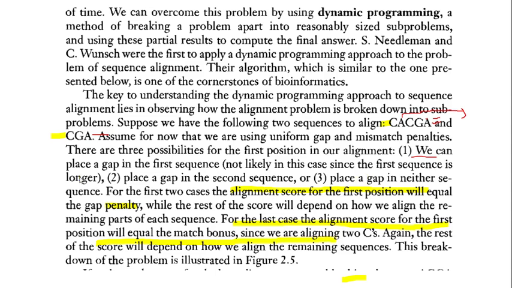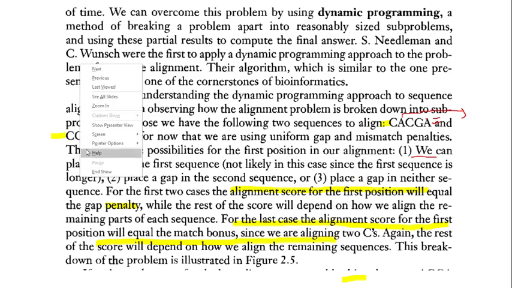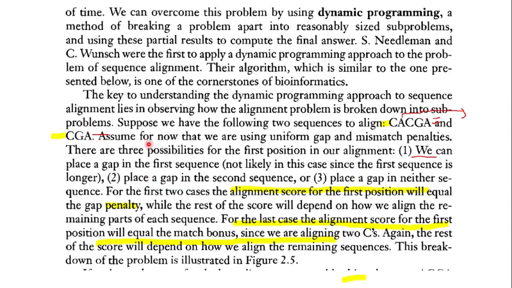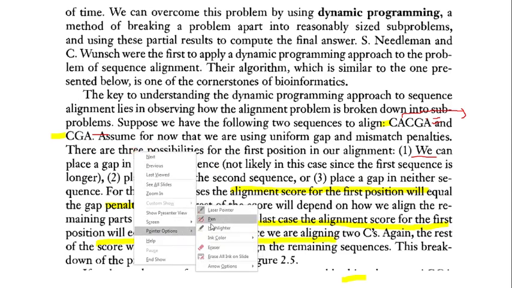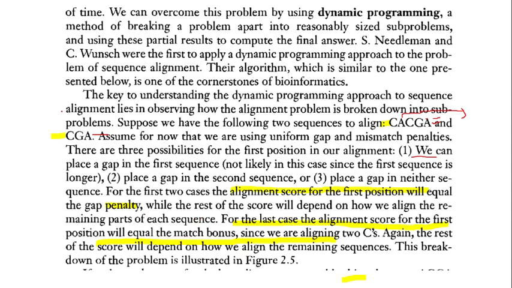When we try to align these two sequences without a gap, I will show you how it will be. Without a gap means we will try to align. This is one sequence, this is the other sequence, C, G, A. Here this will be a match bonus.